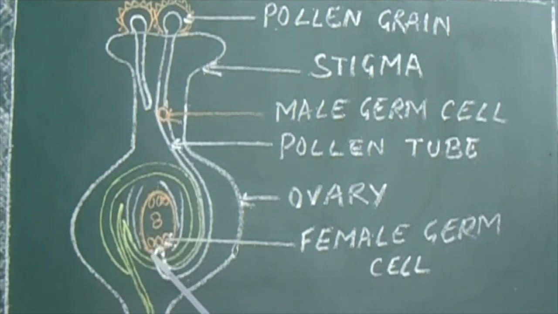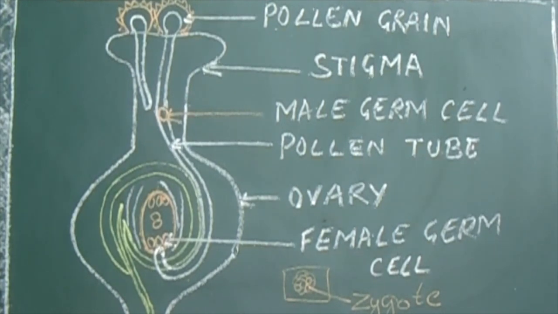Now after the process of fertilization, this single cell will start dividing and forming many cells. This structure, lumps of cells formed, is known as zygote. So what happens here?